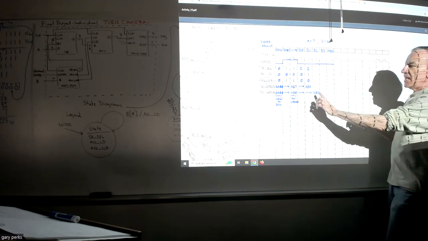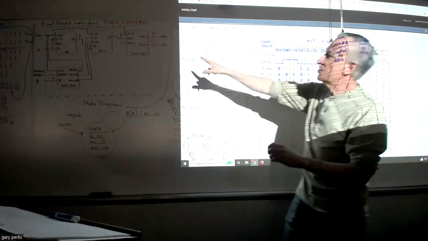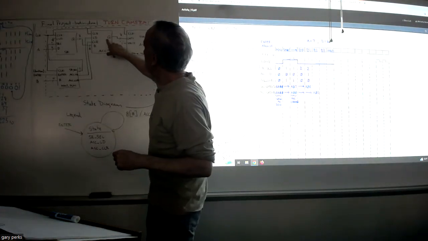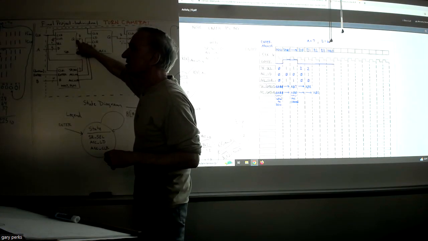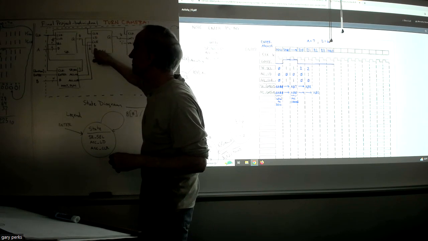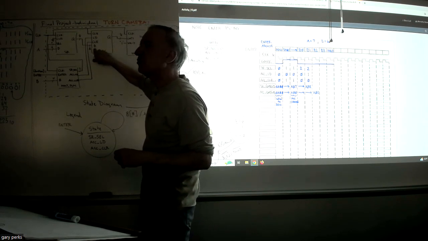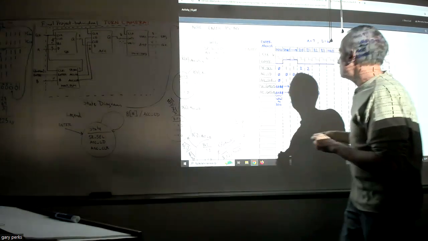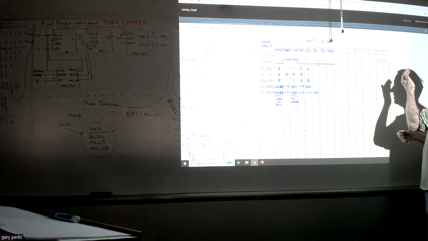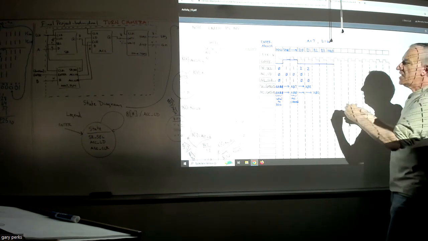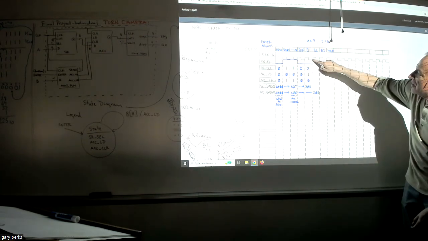All right, and I forgot to point this out earlier, but the accumulator input is connected to the output of the shift register. So whatever's at the output of the shift register, that's what we have at the input of our accumulator. So when we load the accumulator, it's taking the output of the shift register and putting it at the output of the accumulator. And that doesn't happen until the following clock edge, right?